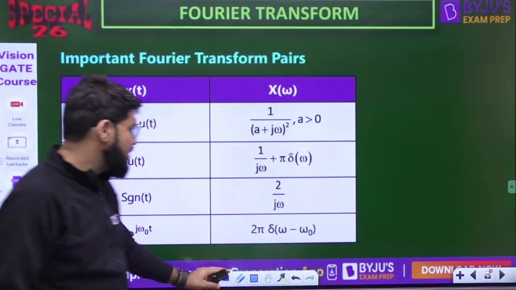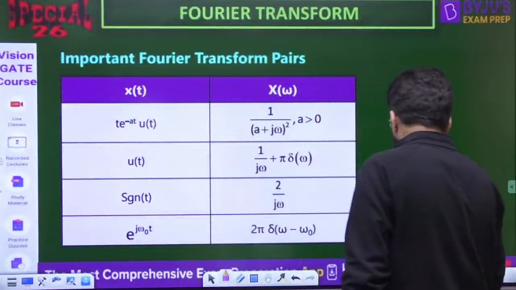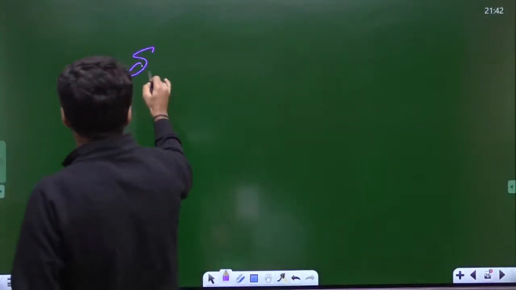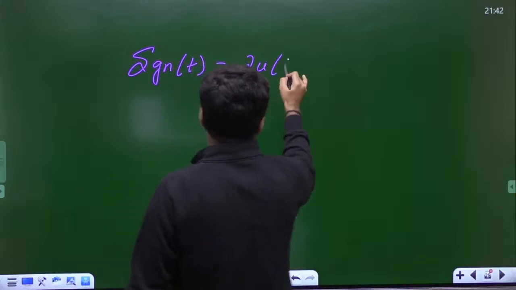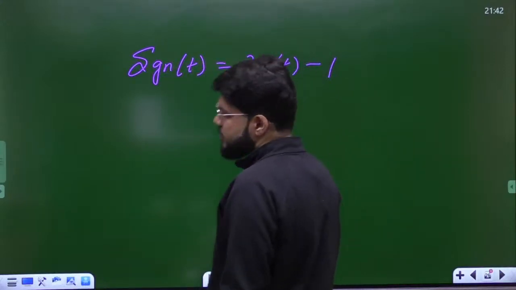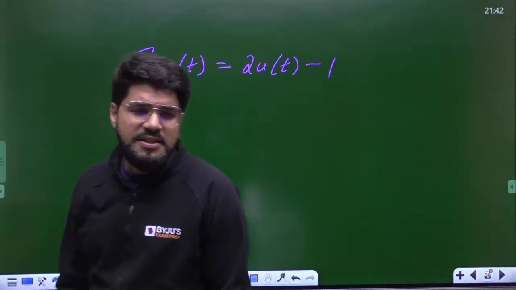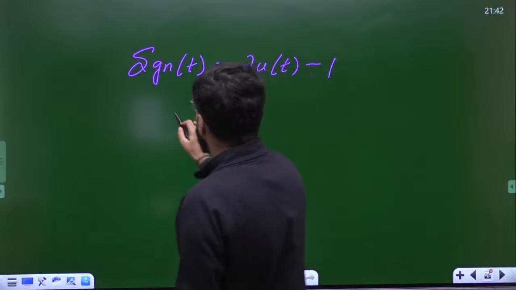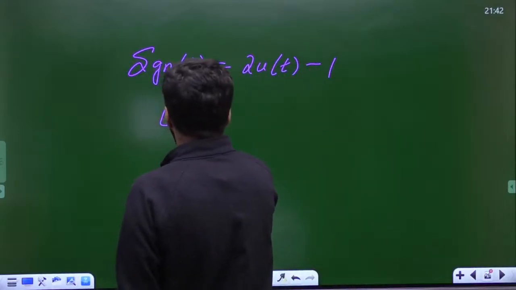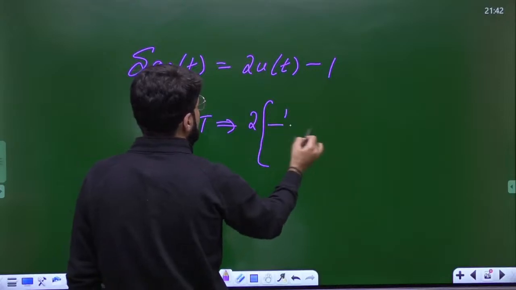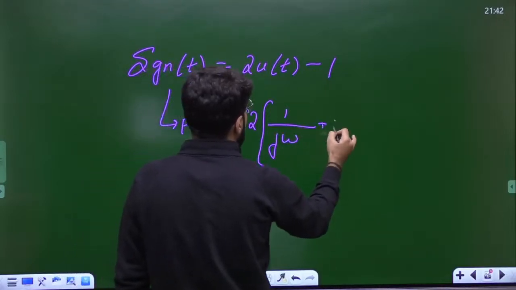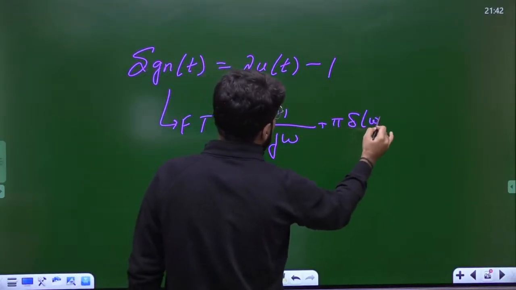How do you calculate it for signum? Remember the relation between the signum function and the step function: signum function is actually given by 2u(t) minus 1. That is why when you want to calculate its Fourier transform, it is twice the unit step Fourier transform minus the Fourier transform of 1, that is 1/(jω) + πδ(ω).